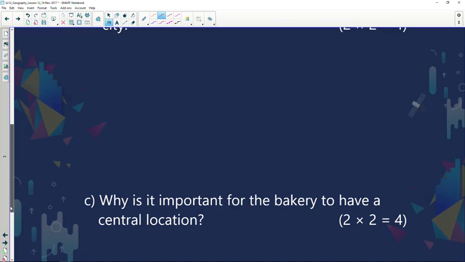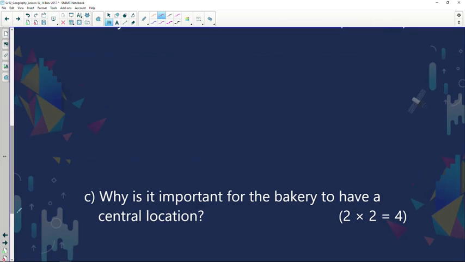Now, the next question, why is it important for the bakery to have a central location? So the reason why it's important is because it's perishable goods. Keep in mind, the bread can go off, the cakes can go off. And another reason is because it's very close to the consumers.